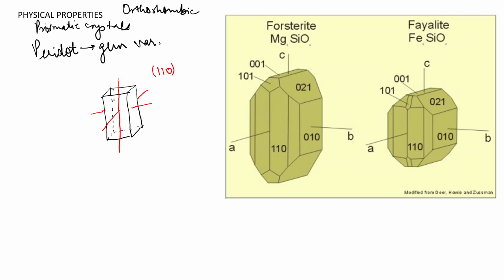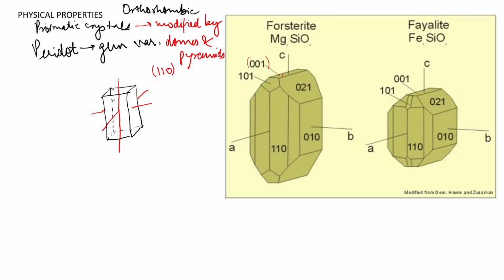Looking at these two pictures, what I said in the beginning is that the crystals are prismatic, but modified by domes and pyramids. For example, this particular face, which is 001, is where the c-axis is intersecting.